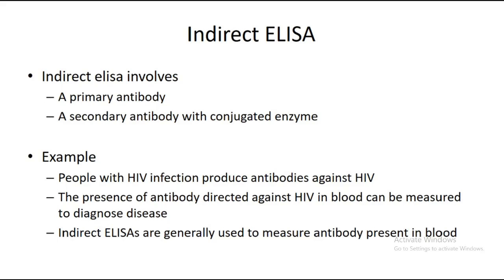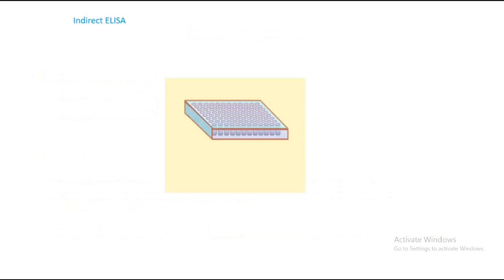Okay, and the presence of the antibody that's directed against the HIV that would be present in someone who's infected can be measured to give an indication of the presence of HIV. And indirect ELISAs are generally used to measure an antibody of interest that's present in the blood.